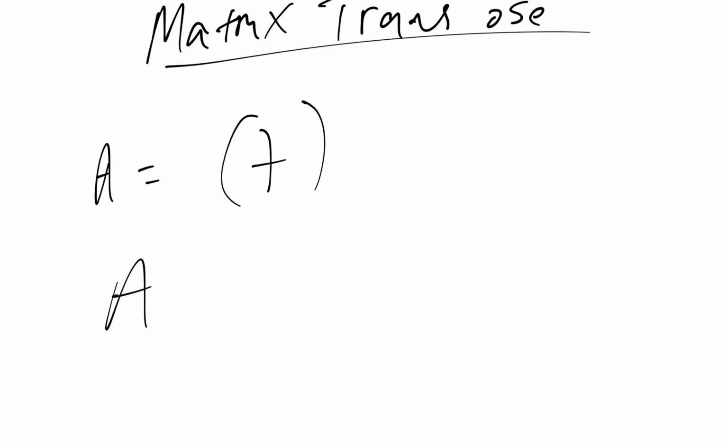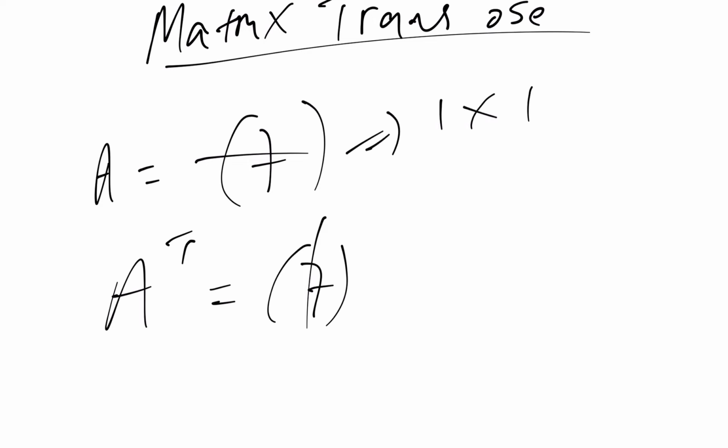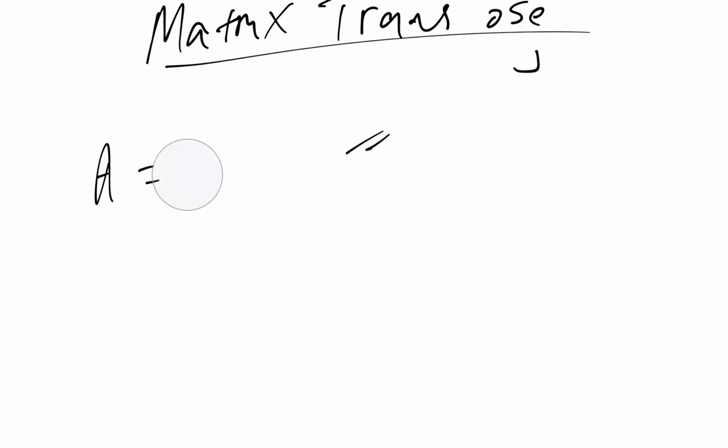If we interchange them, we get the same thing. This was the first row, now we have made it the first column, but it's the same thing. So even if we interchange the columns into rows and the rows into columns, we still get 1 by 1. So this matrix doesn't change.